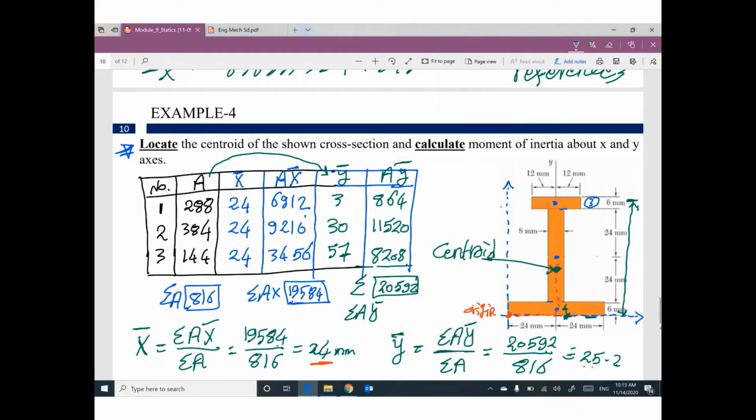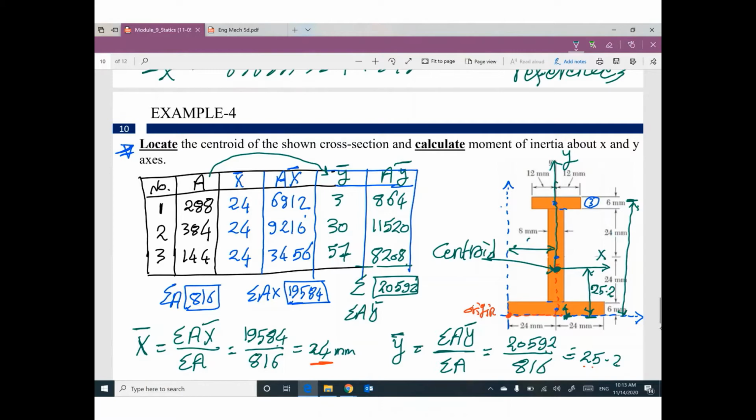At this point, I can put X and Y for the cross section. This vertical distance, how much? 25.2. And this horizontal distance, if you would like, how much?